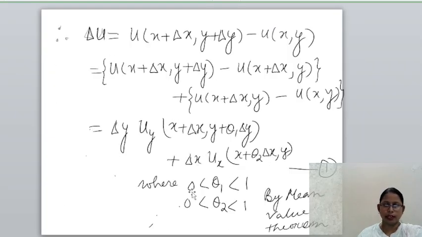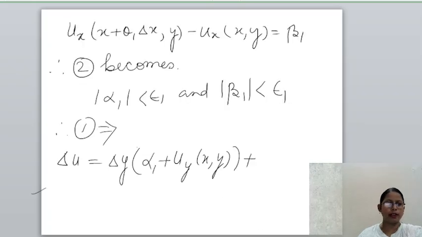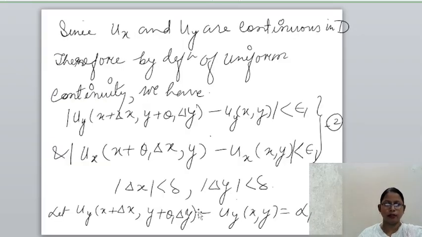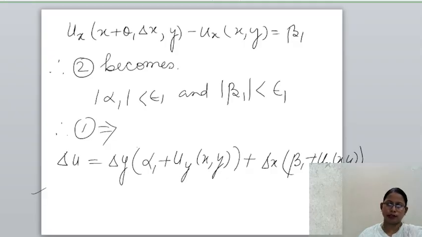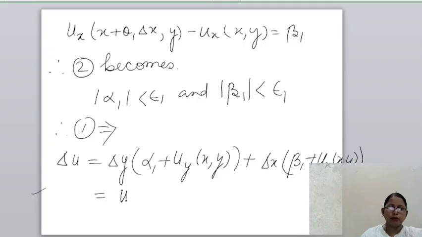plus delta x, then within bracket it will be (beta 1 plus ux(x, y)). So expand this, you will get uy delta y.